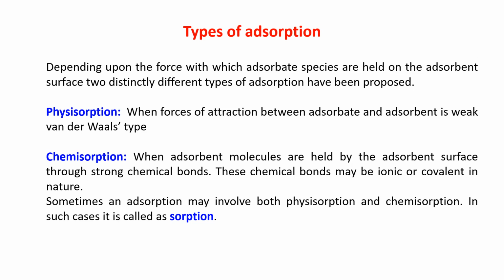When the force of attraction between adsorbate and adsorbent is weak, van der Waals type, it is known as physisorption. Chemisorption is when adsorbate molecules are held by the adsorbent surface through strong chemical bonds. These chemical bonds may be ionic or covalent in nature.